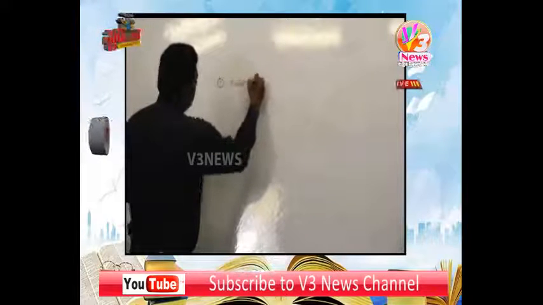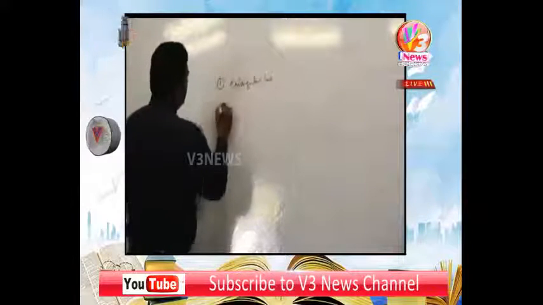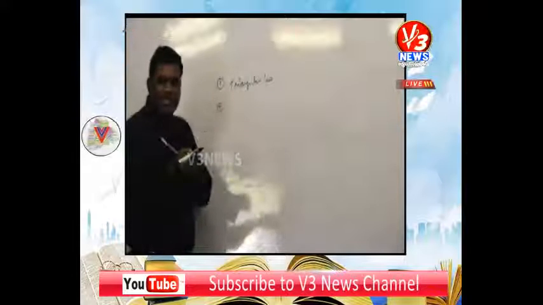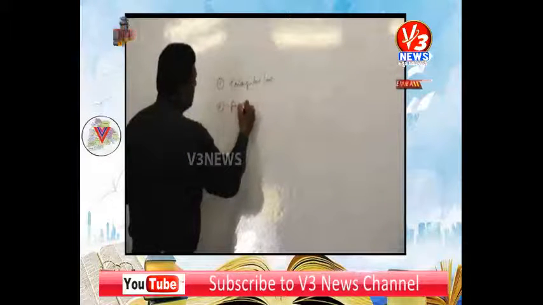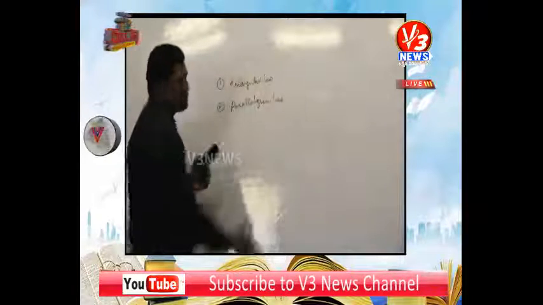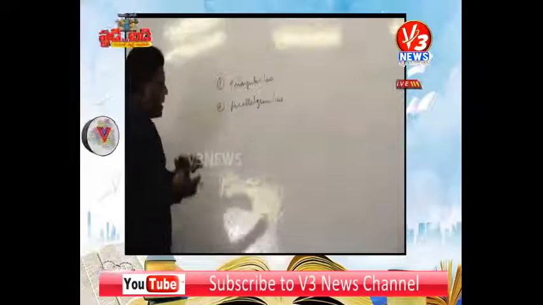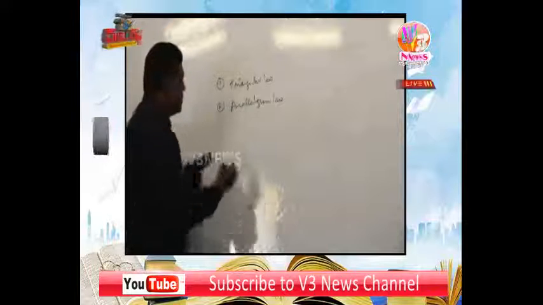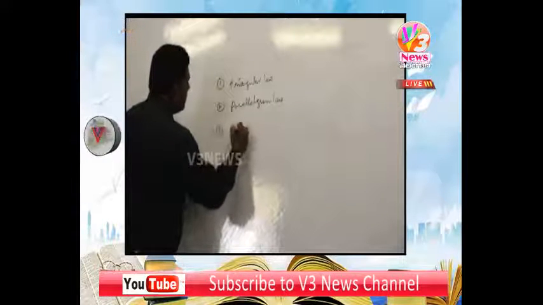First we have the triangular law, which we can also rearrange as the parallelogram law. If we have to add more than two vectors, we can use the polygon law also.